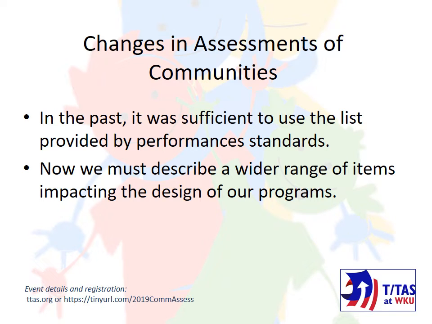This doesn't necessarily mean that it's gotten all that more complicated, but it does mean that we need to do some downstream thinking in order to determine what data and what information needs analysis on the front end so that we can have that information as it's needed on the back.